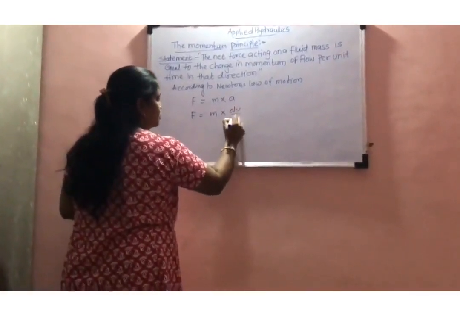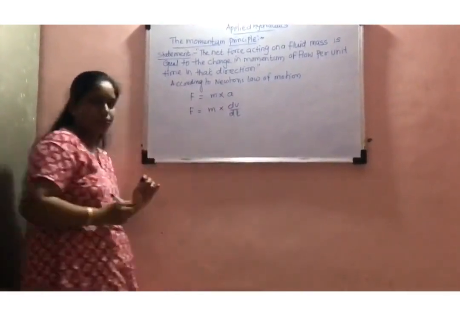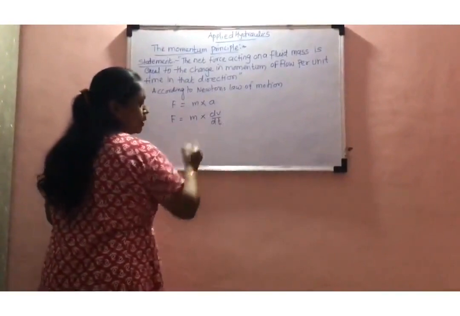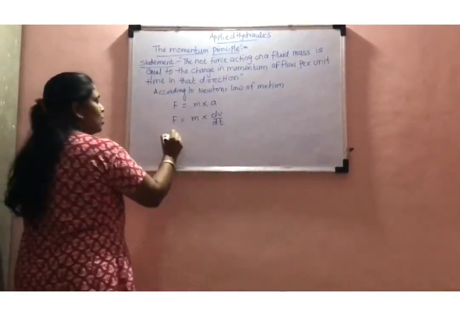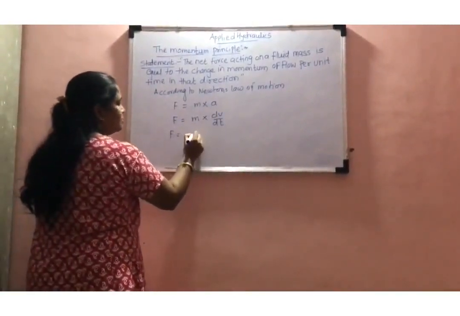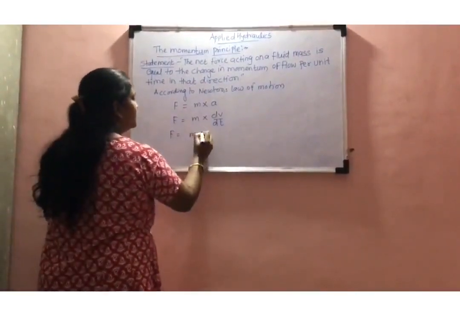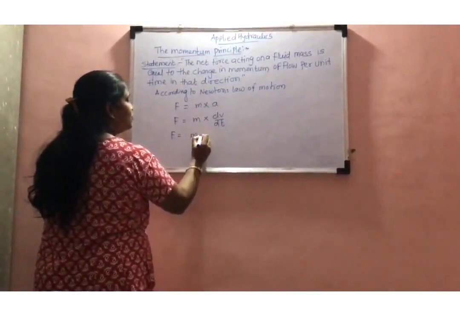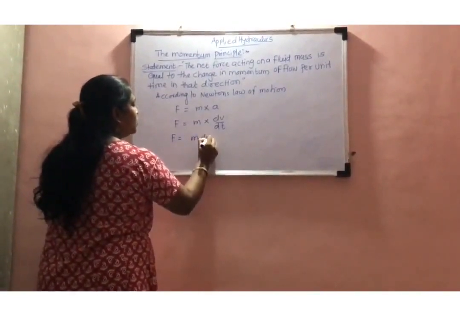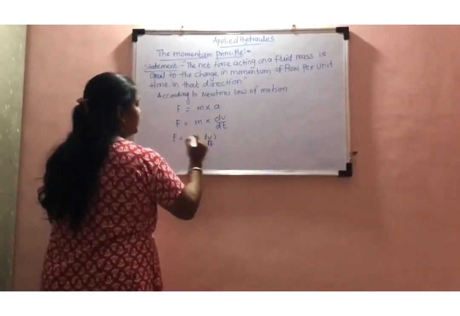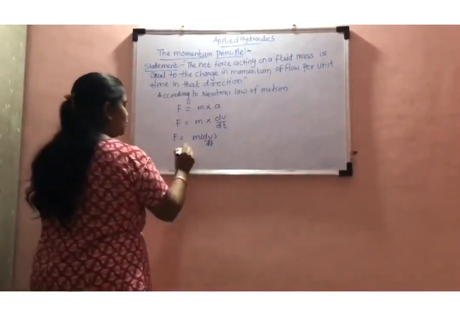The acceleration can be written in this way, that is dv by dt, change in velocity with respect to time. So I can write this equation as m into dv by dt.